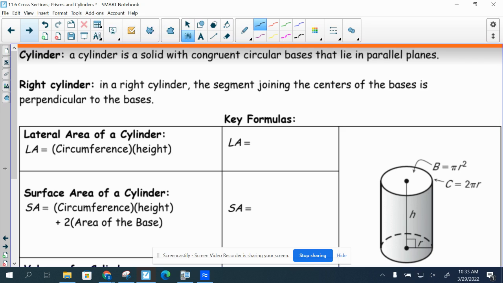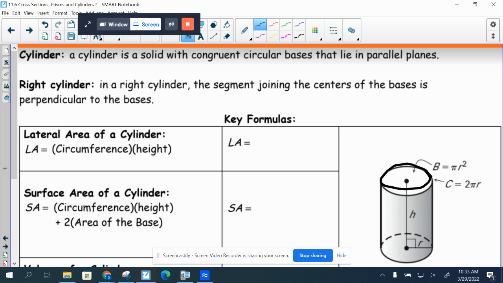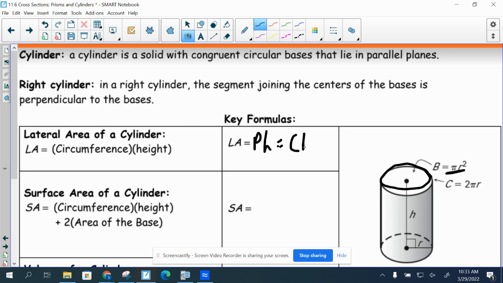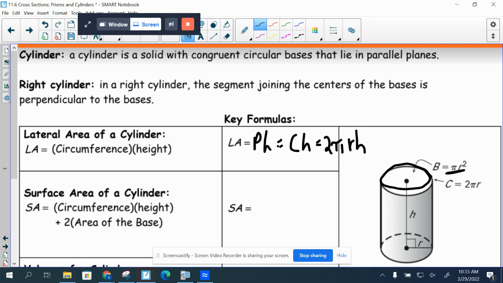For a cylinder, same idea, except you're working with circles. So you're going to have circumference instead of perimeter, and area of the base is always going to be pi r squared. Your lateral area is going to be perimeter times height, but perimeter in this case is called circumference, and the formula for that is 2 pi r, so 2 pi r h.